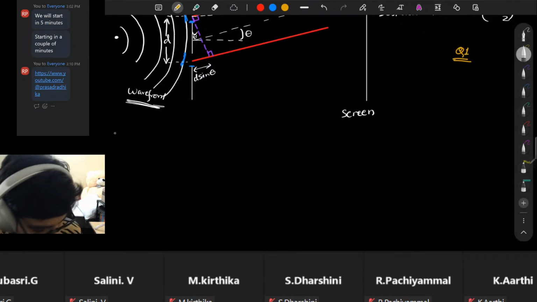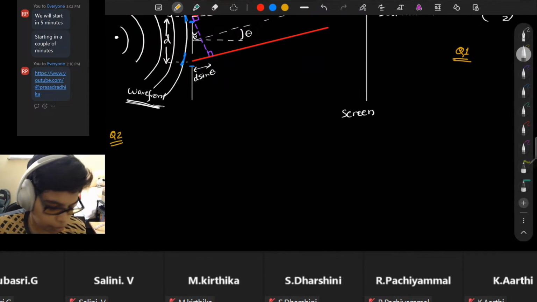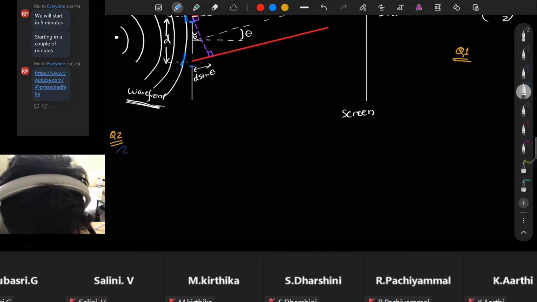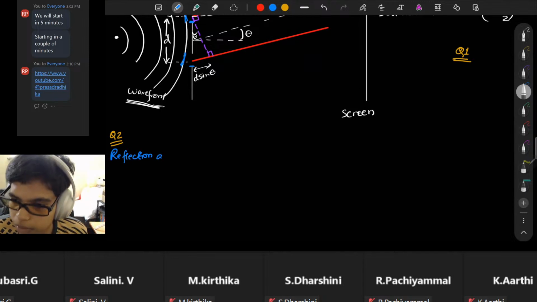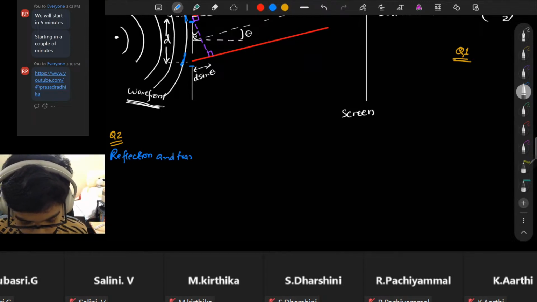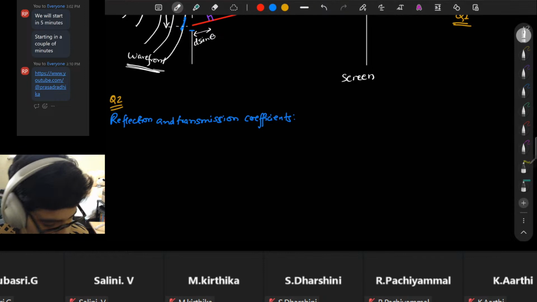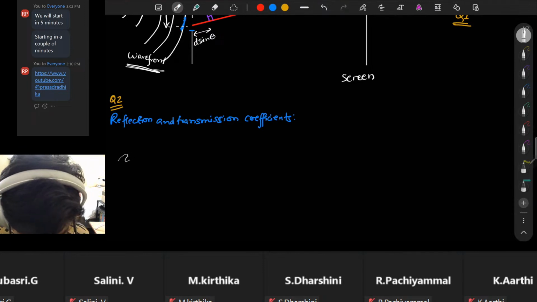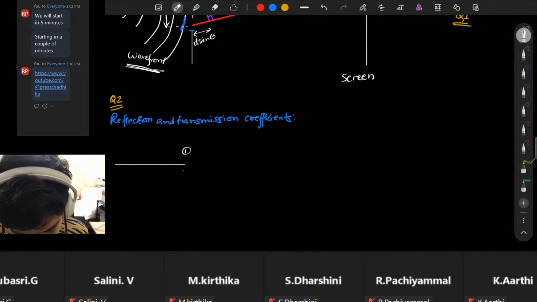Now for question 2, we are discussing the transmission and reflection coefficients. Okay, so let us say we have an interface. This is medium 1, this is medium 2.